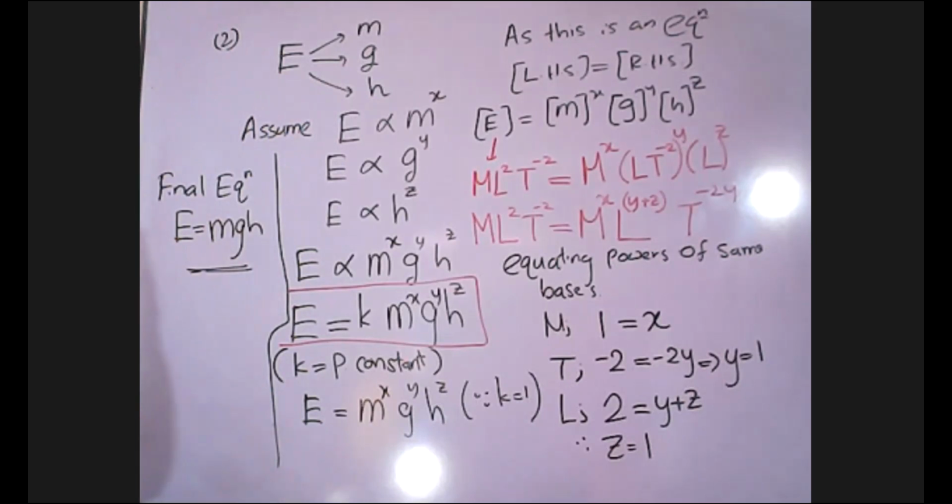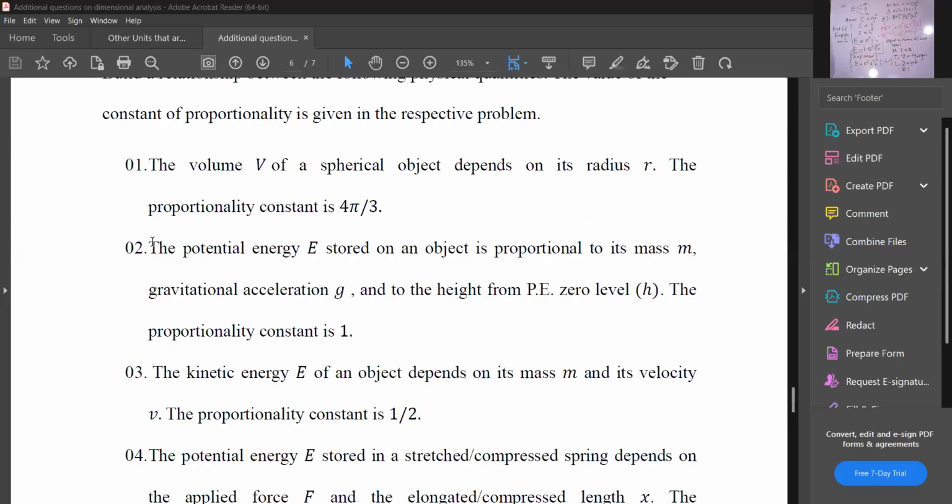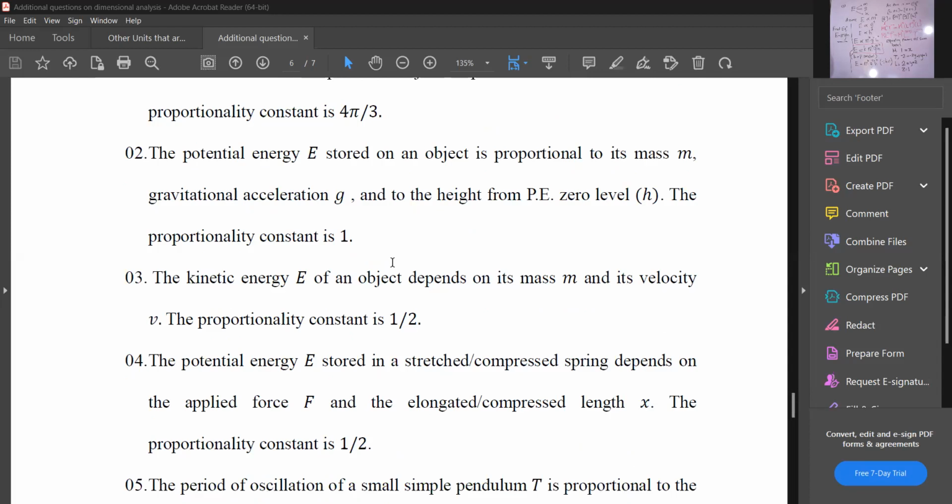Okay. Write this question. The potential energy E is stored on an object. Once you write the equation, question, write the answers on the board.